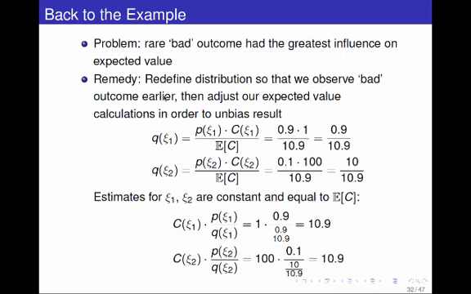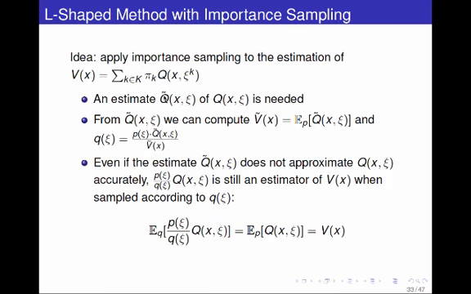So the way you unbias it is by rescaling what you report by P over Xi, P over Q. And the guarantee you have is that this new estimate has an average cost which is exactly equal to the true one, but the variance is much smaller. Variance is much smaller means we need much fewer Monte Carlo samples to get the same answer. So that's the idea behind importance sampling.